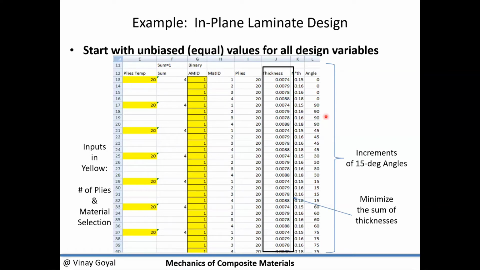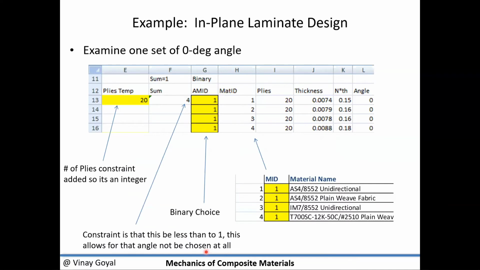And then the optimizer can select, hey, I want this number of plies at 0, this number of plies at 15. So this could be improved, but for now, I think this should work very well. We've made everything equal 20s, everything 1, so there's no bias about where to go. And then we'll execute the approach.